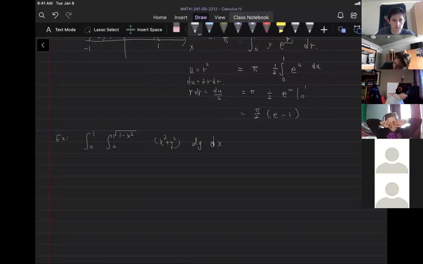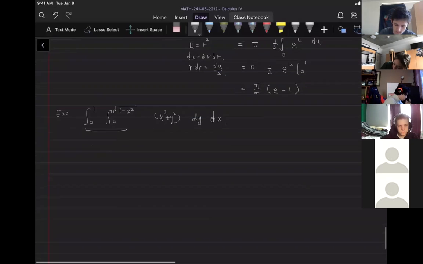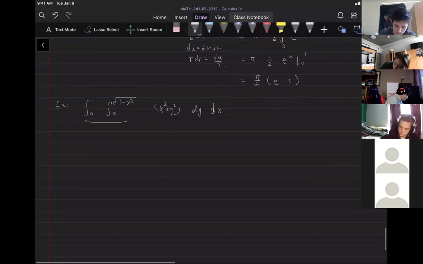Firstly, for this graph, I didn't give you the region R, right? What is given? The limits for x and y are given. Can you, by using the limits of x and y, sketch the region R? And then change this into polar, because if we do Cartesian, it will be very difficult. First step, sketch the graph.